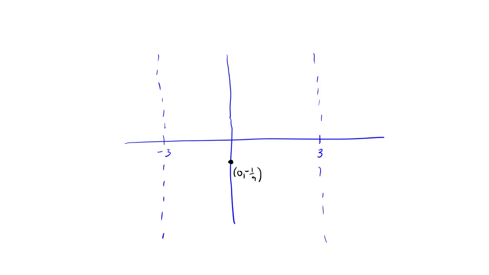Okay, and then we also had a horizontal asymptote at 1. I might need a little more room up here. Okay, so, all right, so what else did we have? Well, we saw a couple of things. We saw that this (0, -1/9) was a relative max, so it is going to be topping out there.